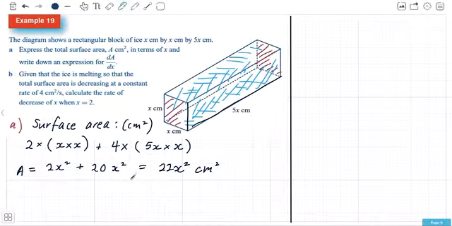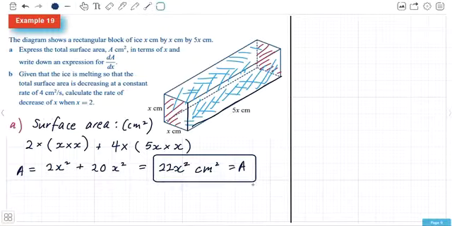Centimetres times centimetres. So we've got A. I'm just going to draw a box around that because that's really useful: 22x squared centimetres squared. Now the question asks us to write down an expression for dA/dx, and I know all I have to do there is differentiate this expression. The 2 comes out the front to make 44x, and because this is now differentiated, we have area, which is centimetres squared, per x, and x is in centimetres.